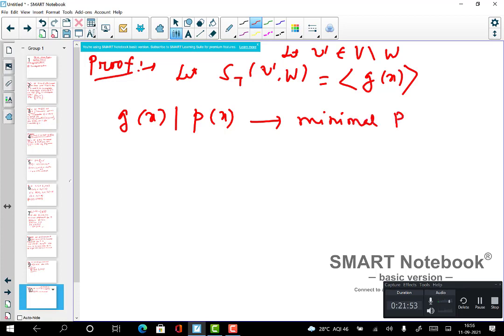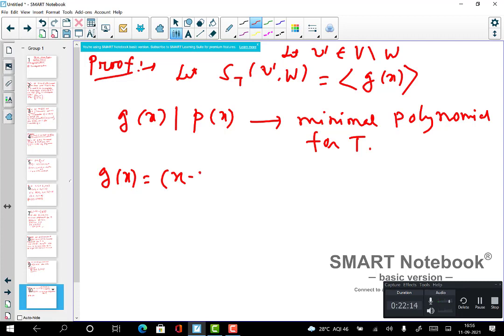Then what happened? I already assume the minimal polynomial is a product of linear factors. So what does that mean? That means g(x) will also be a product of those things, right?